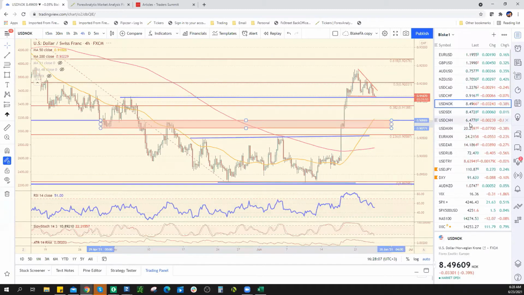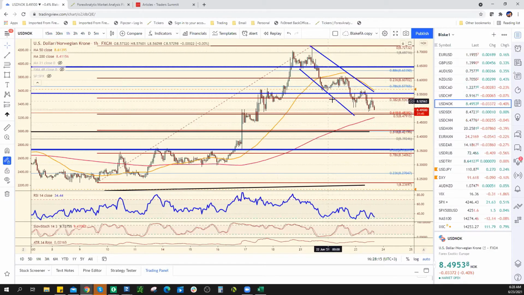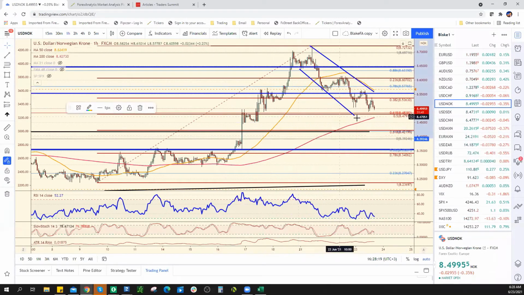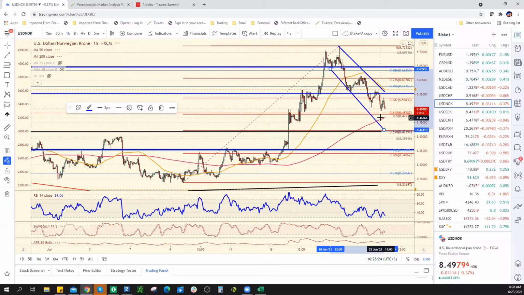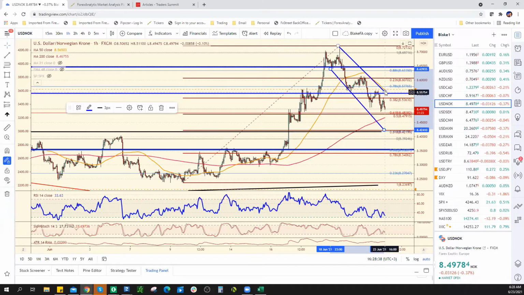US dollar, Norwegian krona. Well, one of the reasons why Norway can't rally is the same problem the dollar Canadian has. Although, I'm looking at this channel, which obviously can extend further lower, but we have a 50% retracement at 848. Resistance is right here at 856.